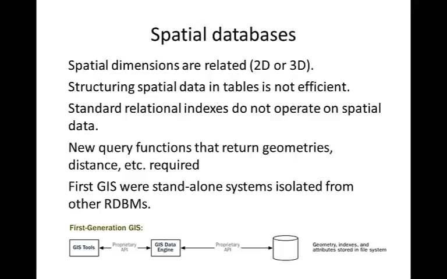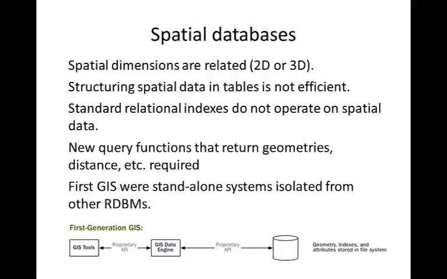In the middle, we've got the thing that does the processing on the data. And then on the far end, we've got the tools you interact with that call the engine that then accesses the data, does the data processing, and returns it. And in the first generation GIS, these were all commercial products. And these were all very closely linked through, this is called, you know what I mean by proprietary?